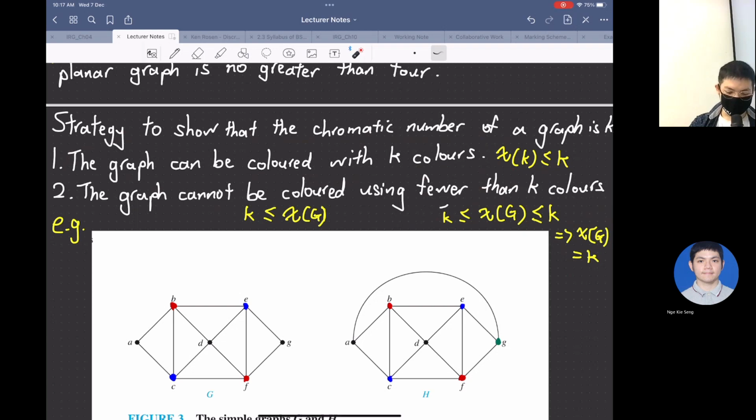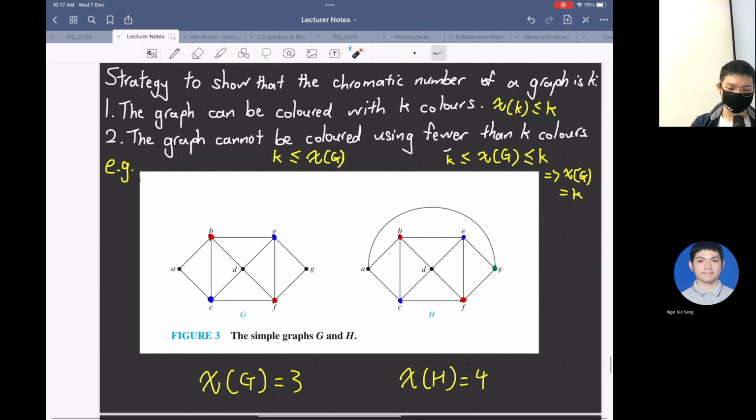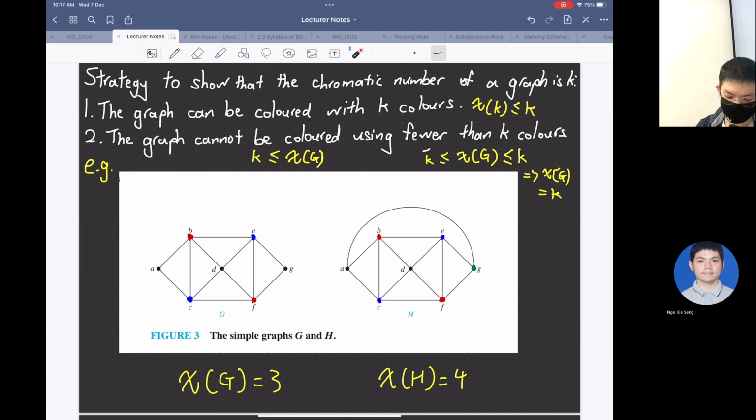Let's see how to use this argument to find the chromatic number of the graph. Let's look at G here. If I label A as black, the adjacent ones should have a different color.